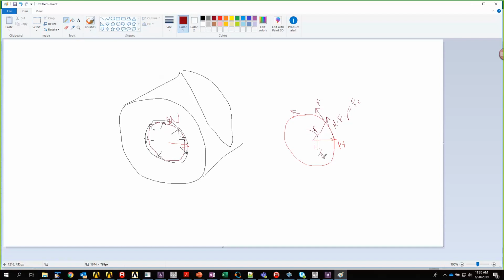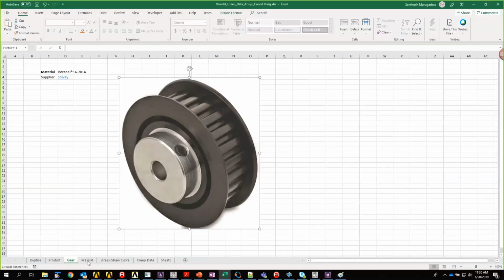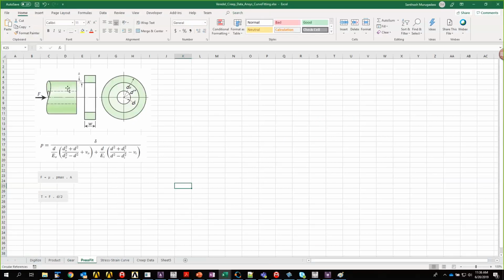Once the torque that the belt is transmitting exceeds this torque, then the joint is going to slip. To handle this problem, there are well-established formulas available in the literature.